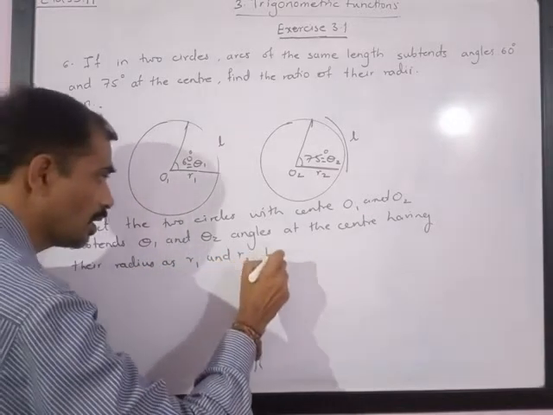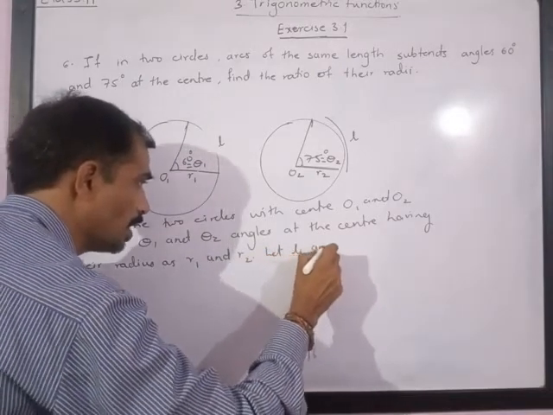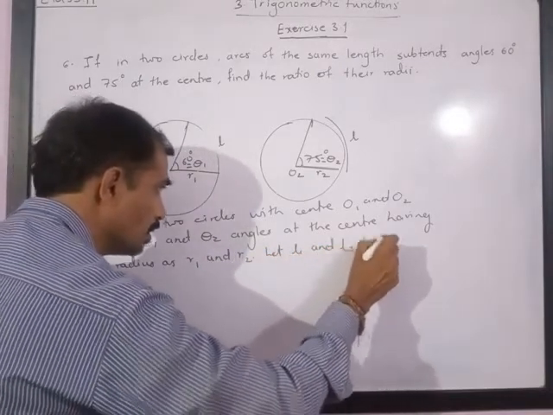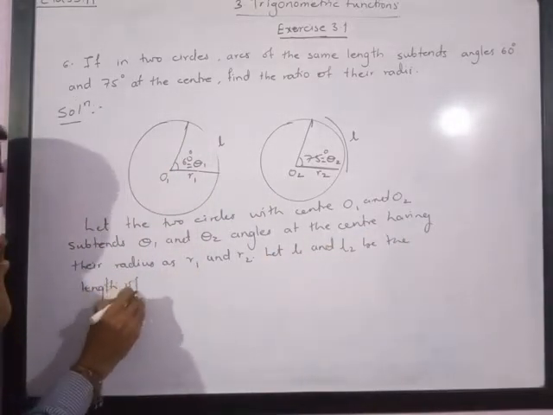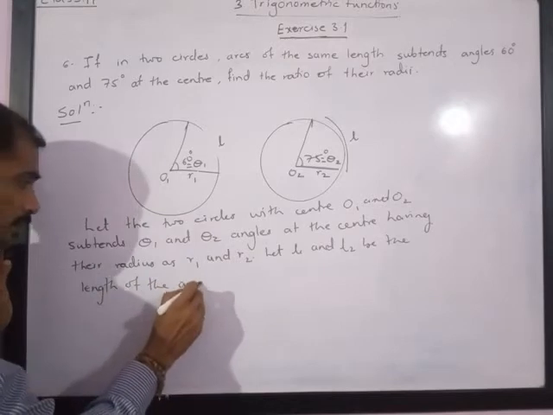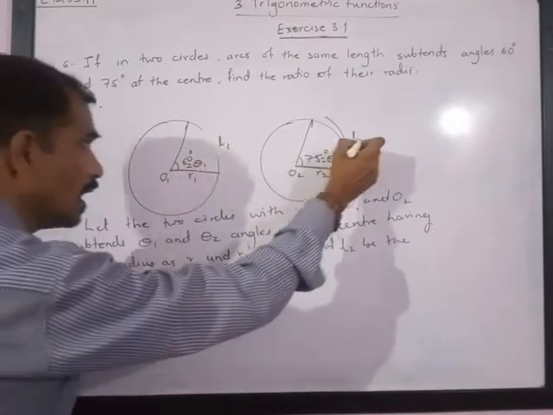Let L1 and L2 be the lengths of the arcs. So I have taken this as L1 and this as L2.